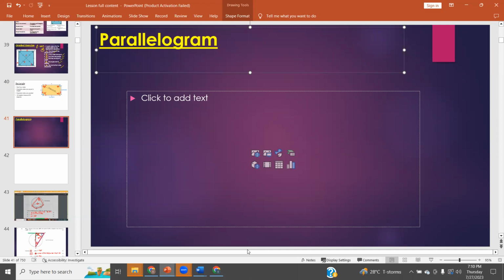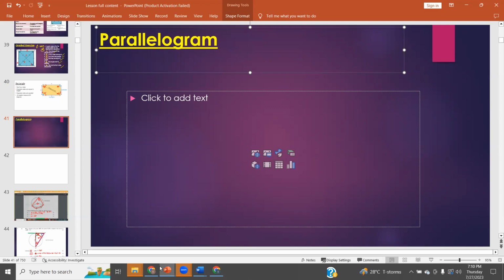All right, so has anyone ever heard about the parallelogram before? What do we know about a parallelogram? Its properties and stuff. Say it again. They are equal. Okay, what do you mean by they are equal?